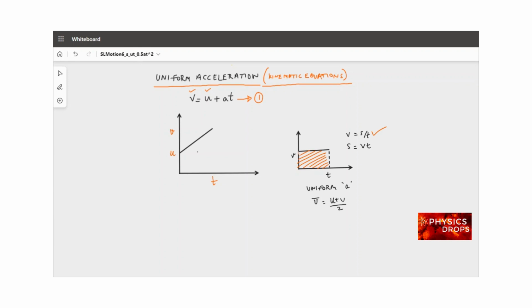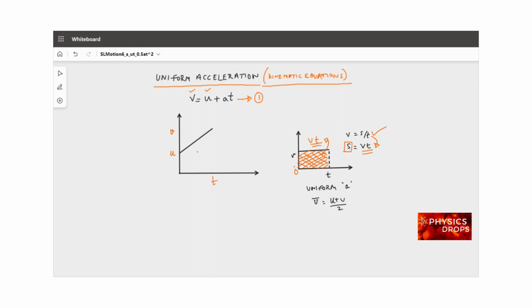Now the area of this shaded rectangle will be, if this is 0, p minus 0 is v, p minus 0 is t, length times breadth, which is vt. We also know by rearranging this equation that displacement is velocity multiplied by time. So here we see a vt, here we see a vt, which means from this picture this area is vt, but we also know displacement is vt, which means the area shaded here is the displacement of the object over time t.